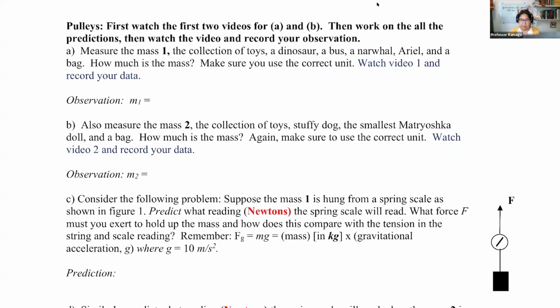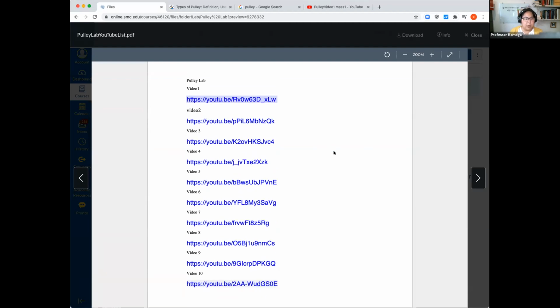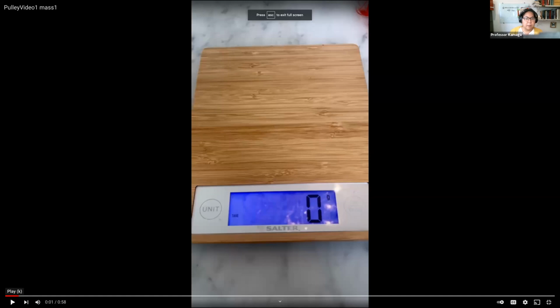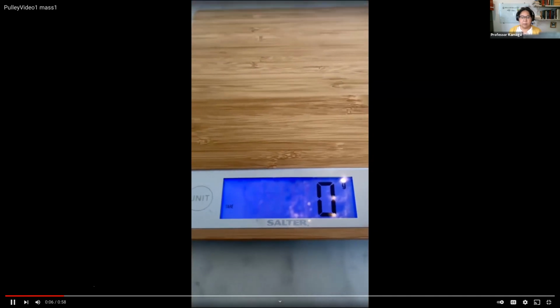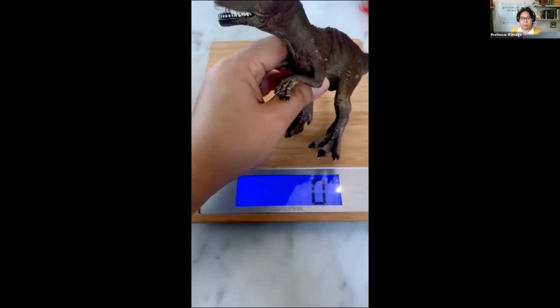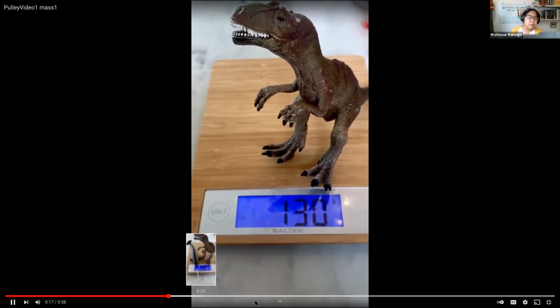So here is the list of our Pulley Lab videos, and you're going to highlight this, and then this is the first video. Here I have a scale, and right now it's calibrated to be 0 gram. It's in gram. So I'm going to start putting stuff on it and see how much they all weigh together. So now with this dinosaur, it's 130 gram.